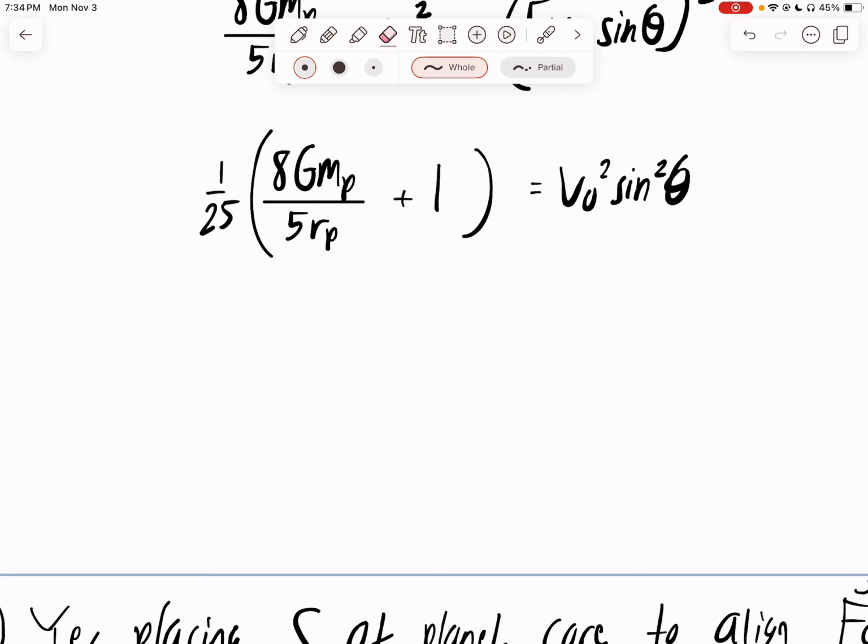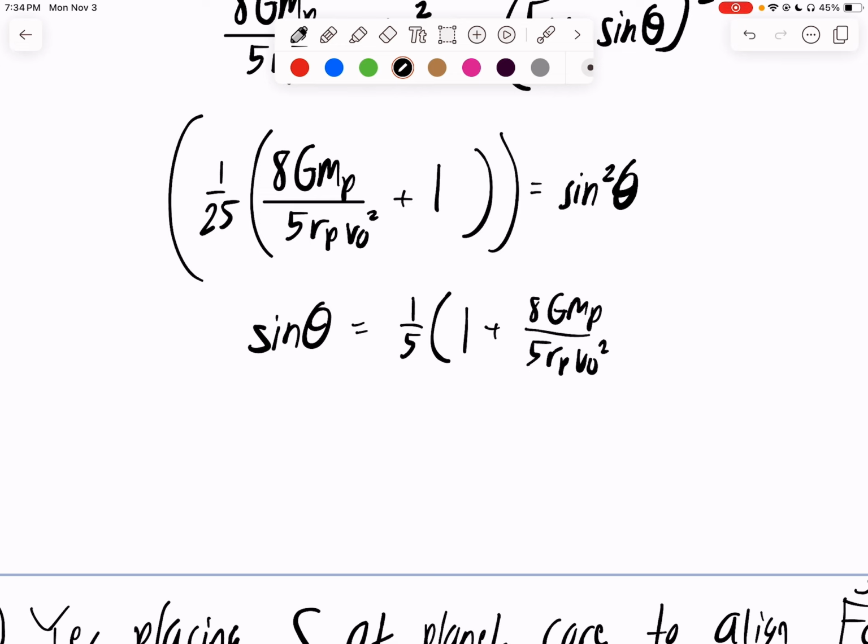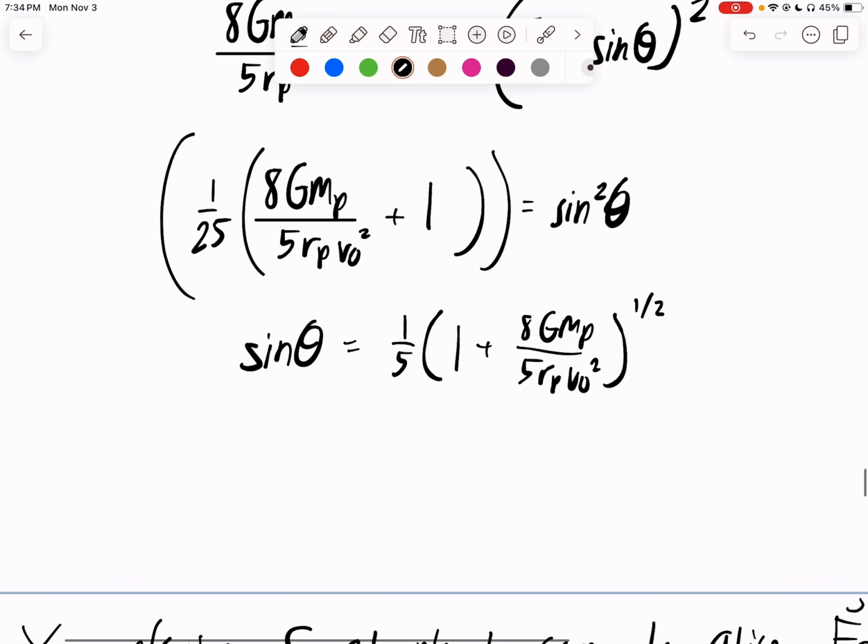This is 1. The v naught squared gets added to the bottom there, and v naught squared disappears from the right-hand side. Then we can finally isolate sine theta. Sine theta is equal to the square root of this entire thing. So that's 1 over 5, times the quantity 1 plus 8 G M_p over 5 R_p v naught squared, to the 1/2.